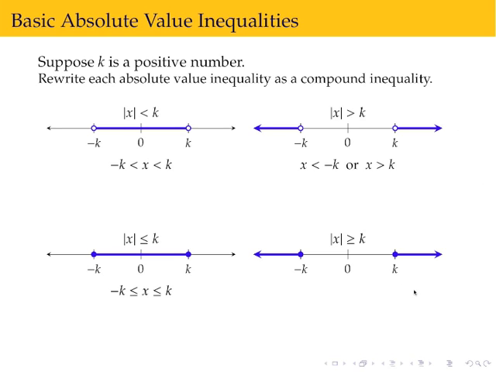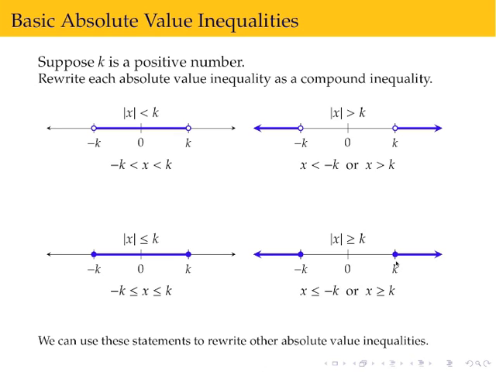And our final one is similar, except of course we have a greater than or equal sign, so it's either less than or equal to negative k, or greater than or equal to k. These are going to be useful. We can use them to rewrite other absolute value inequalities and find their solution sets.